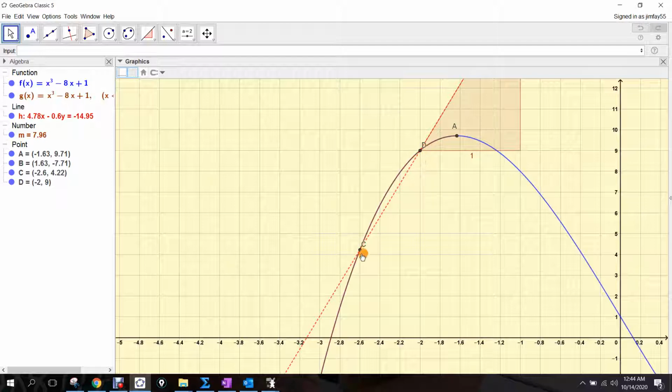But right now, because there's such a distance between C and D, it's kind of a cruddy approximation. So what we do is we move this point C, which I've got stuck right now. Oh, I think it's because, let me do this.